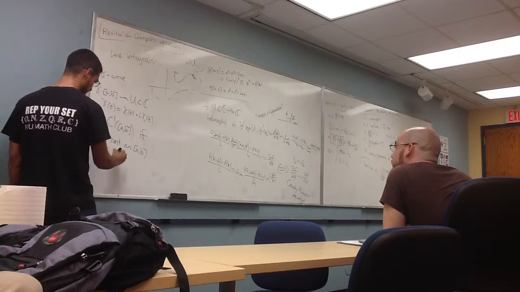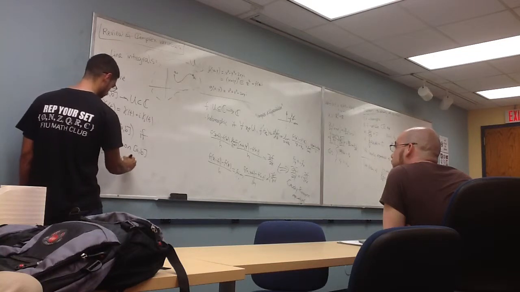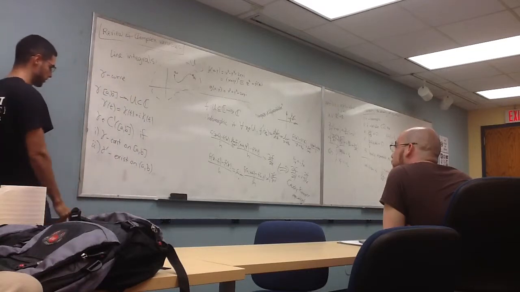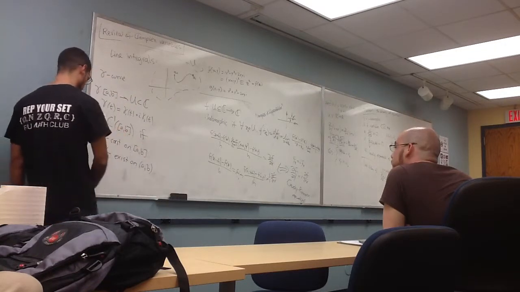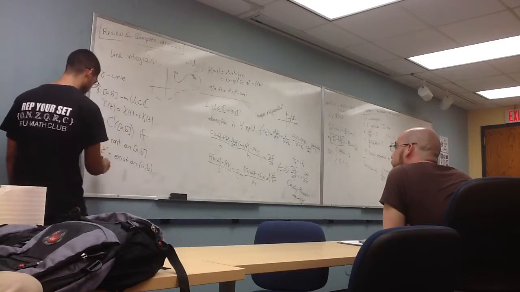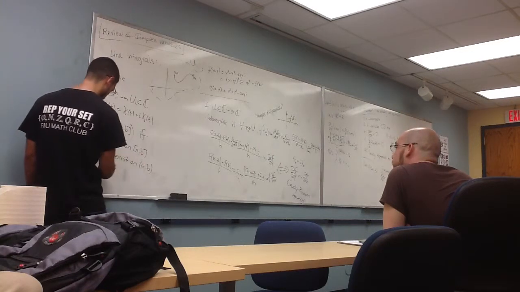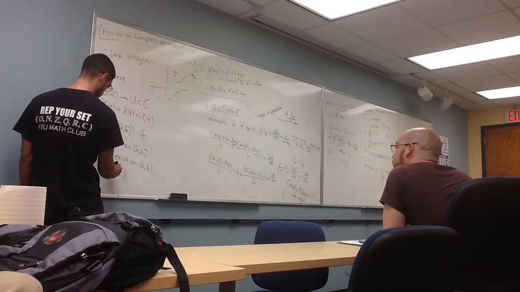Second, gamma prime exists on the open interval (a,b); it's differentiable everywhere inside. And third, we can extend gamma prime to all of [a,b].